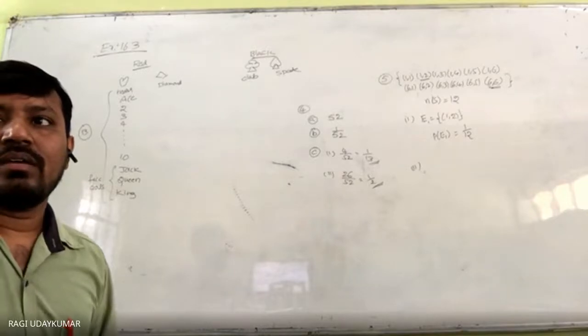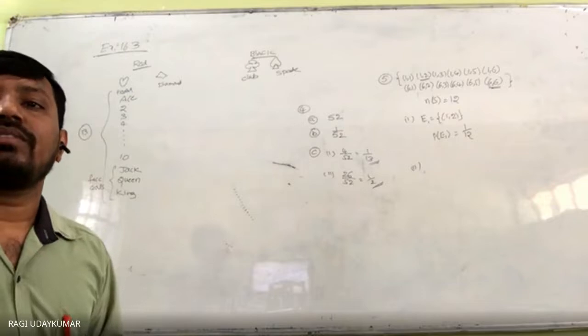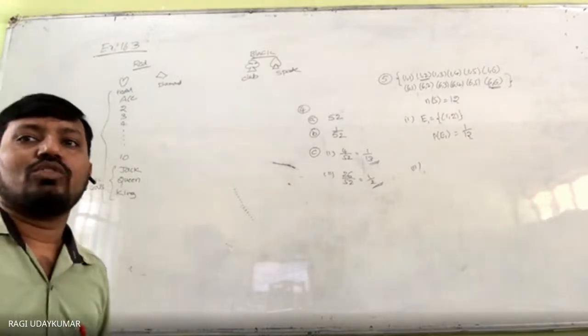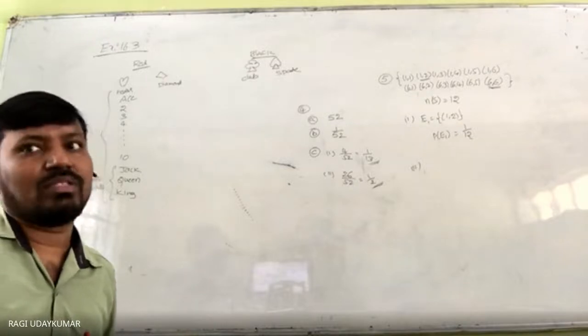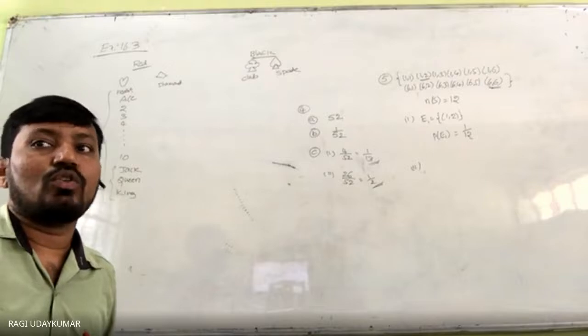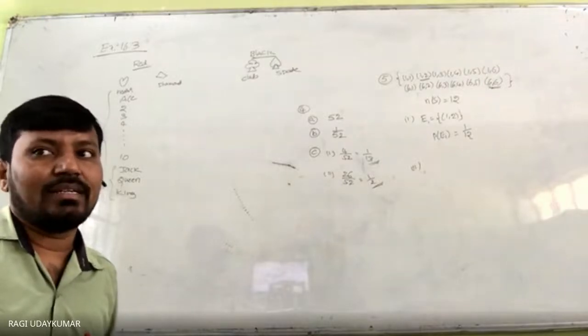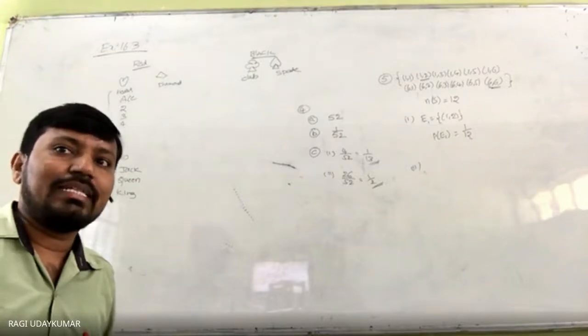So here, what is the question given to you? A fair coin is tossed 4 times. Seventh question, see here: a person wins rupee 1 for each head and loses 1 rupee 50 paise for each tail that turns up.